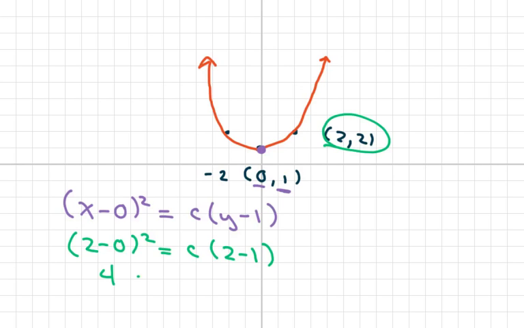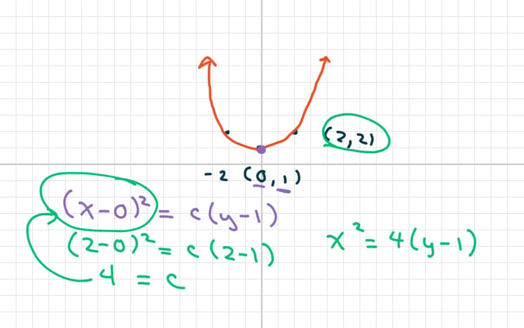So I get 4 equals c, and just plug that back in here, and you get x squared equals 4 times y minus 1. Because x minus 0 squared is just x squared. Okay? And that makes sense. You see the 4 here. The length of the latus rectum here is 4.